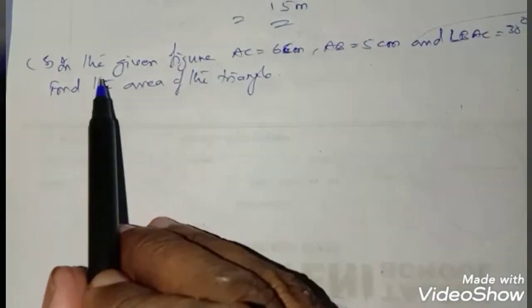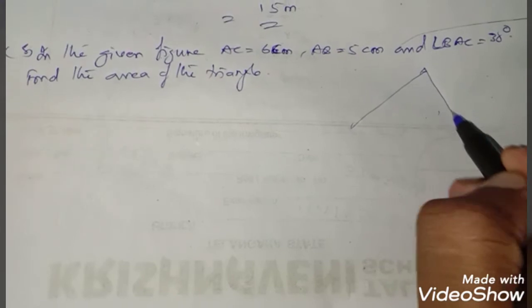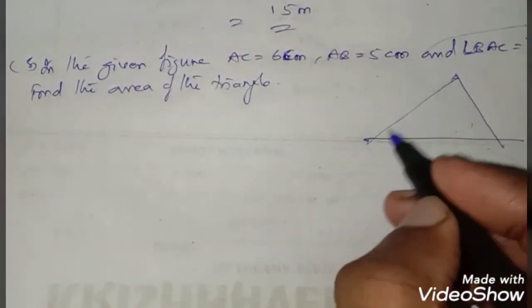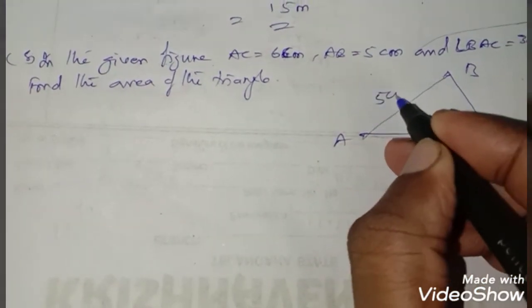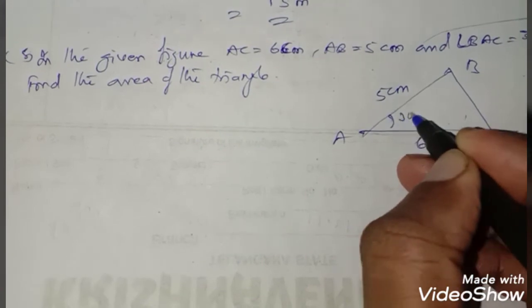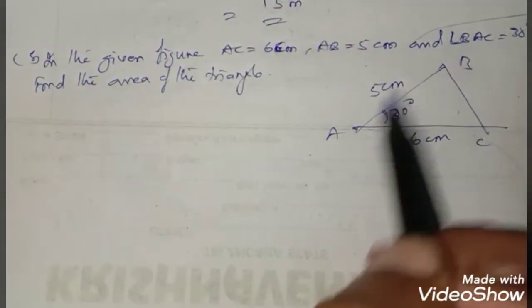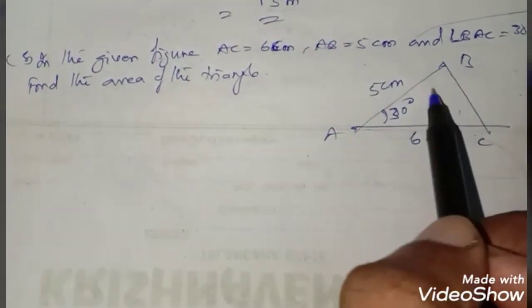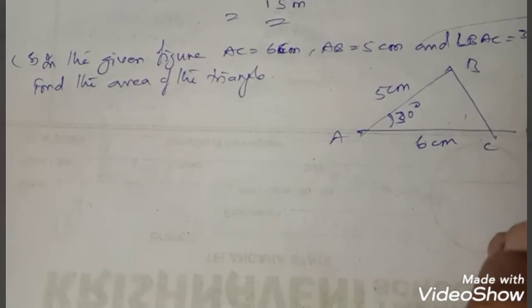Okay, next question: in the given figure, AC. The figure is given like this. In the given figure A, C and B, AB value is given as 5 cm, AC value is given as 6 cm and angle A is given as 30 degrees. Right. Now find the area of the triangle. You have to find the area of the triangle where these two sides are given. You need to find the second side, that is the BC length.